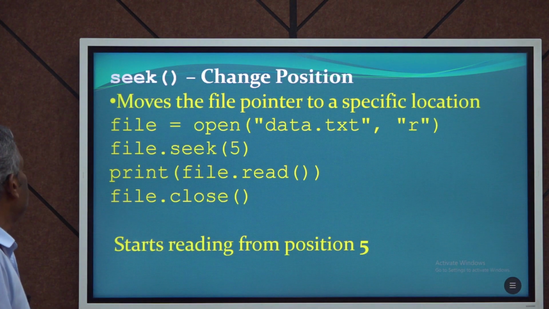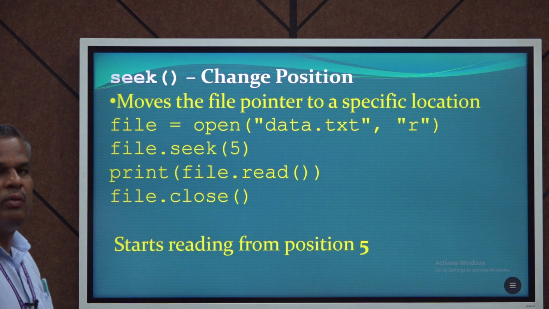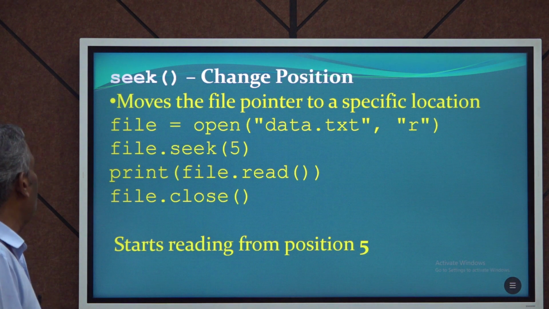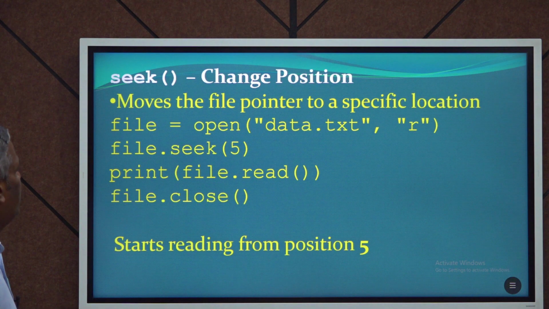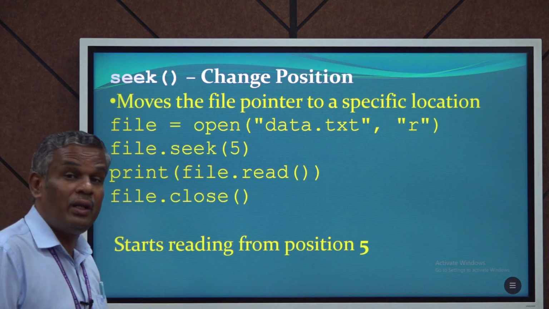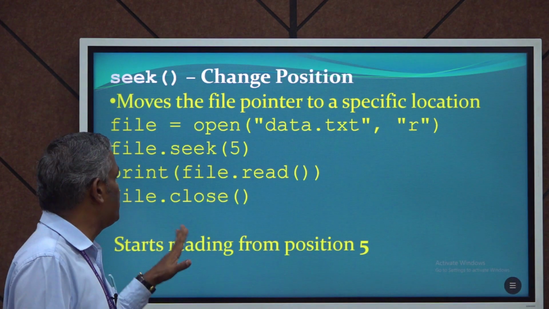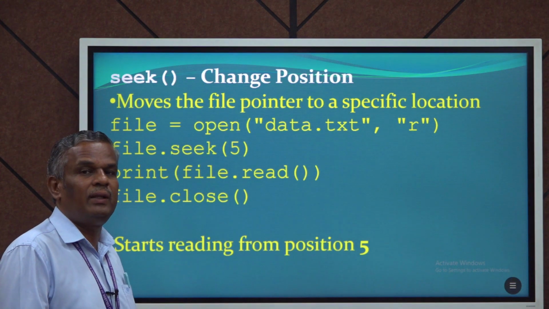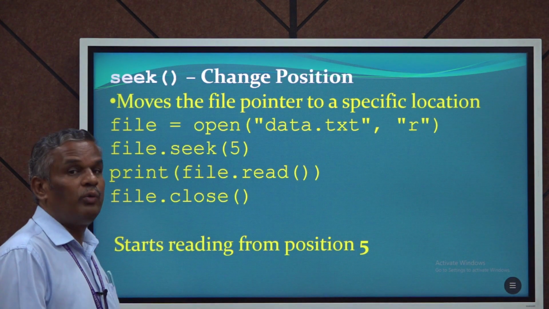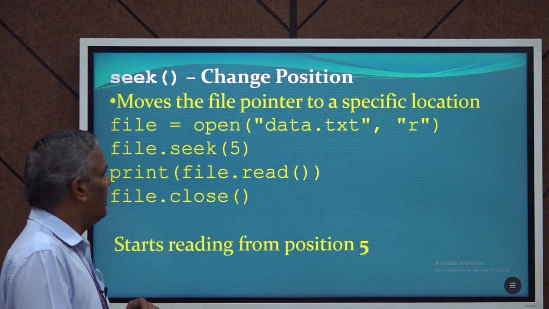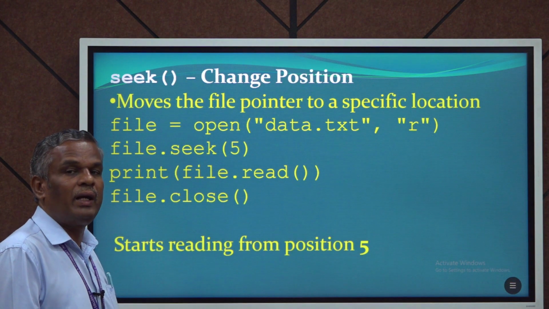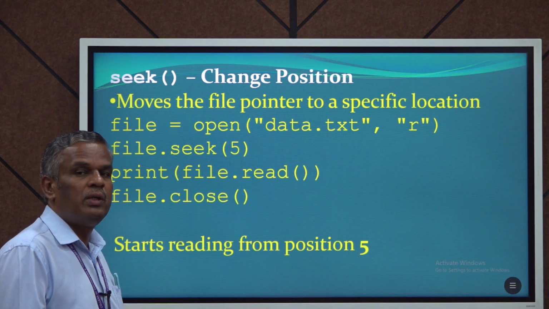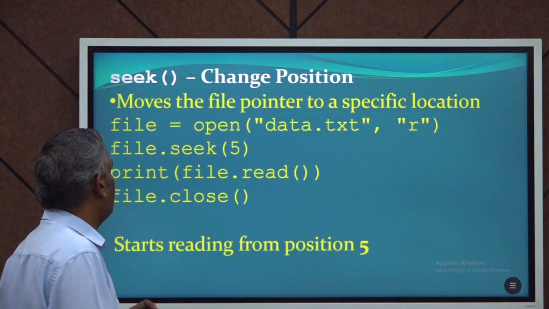Then seek. Seek is used to change the position from one place to another. For example, file equals open data.txt r, file.seek 5, print file.read, file.close. It means it goes to the fifth position of the file, moving from 0 to the fifth position in the line. So tell is used to give the current position, and seek is used to move the position from one place to another.